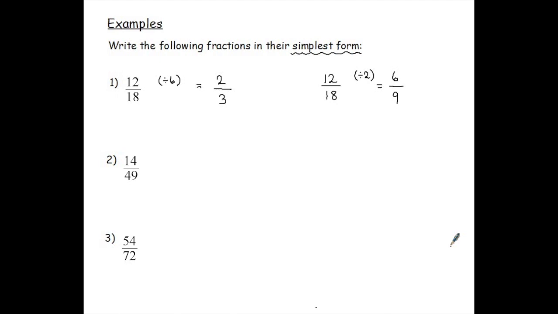Okay, 6 over 9 isn't in its simplest form because there is another number that goes into 6 and 9. So 3 now fits into 6 and 9, so you would have to do a second step, divide both of these numbers by 3. 3 fits into 6 twice, and 3 fits into 9 3 times. So now you can see we have the same answer.